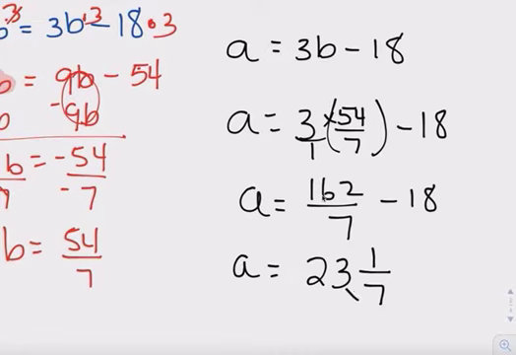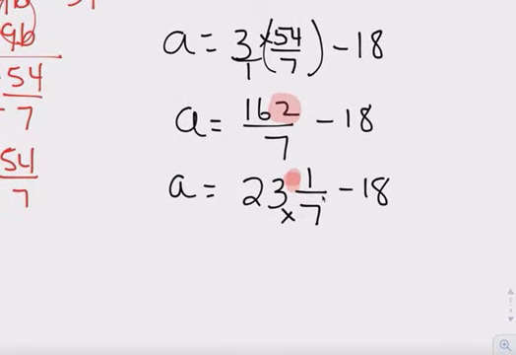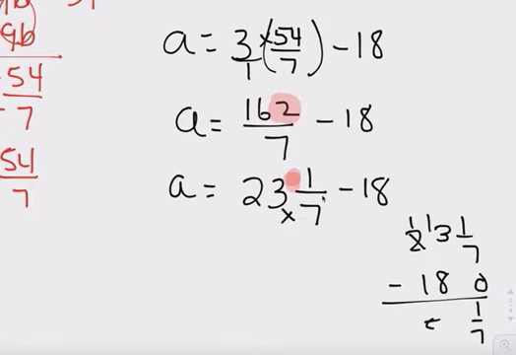If you multiply these two, you get 161, and this is 162, so you have to add the 1 to get 162. Minus 18. This is 23 and 1/7 minus 18. Zero minus anything is itself. This is 5. So A is 5 and 1/7.